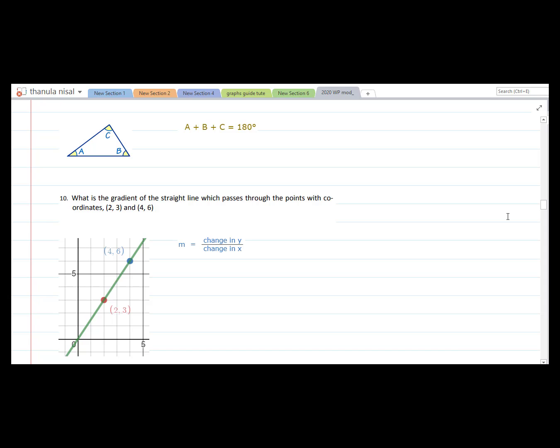Let's move to question number 10. Now they have given two coordinates. In a coordinate plane, they are asking to find out gradient and the intercept. Okay, I'm sorry, they are only asking to find out the gradient.